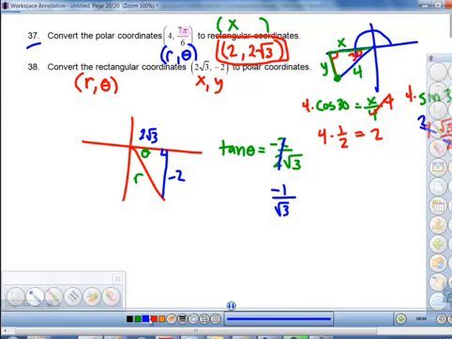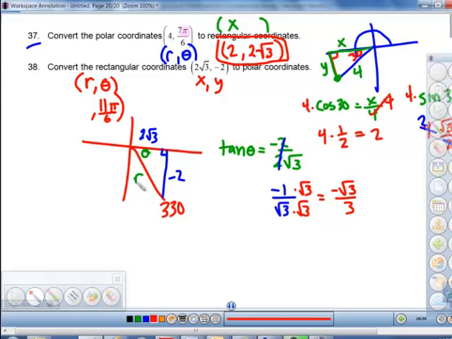If I rationalize, multiplying the top and the bottom by radical 3, that'll be negative radical 3 over 3. So I just have to look at my chart. Where's tangent negative radical 3 over 3? Right down there at 330. And that makes sense because this is in the 4th quadrant, like 330. But I need it to be in radians, so that's 11 pi over 6. And that's how we find that out.